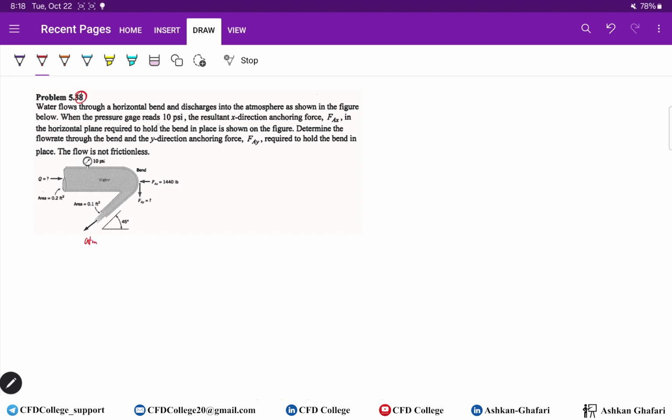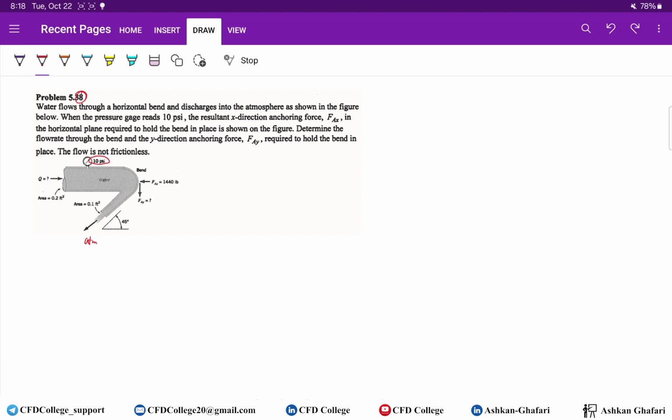When the pressure gauge reads 10 psi here, so actually we know we have the pressure at this section. The resultant x direction anchoring force FAx here is 1,440 pounds in the horizontal plane required to hold the bend in place.